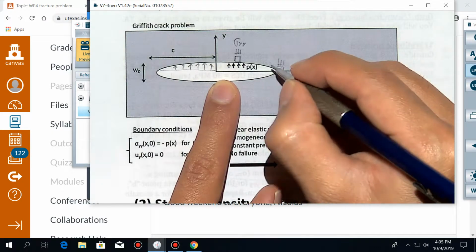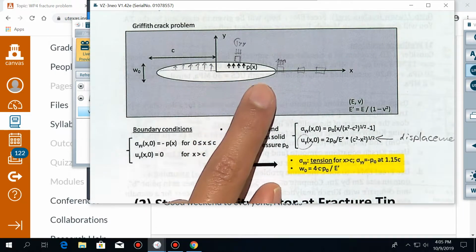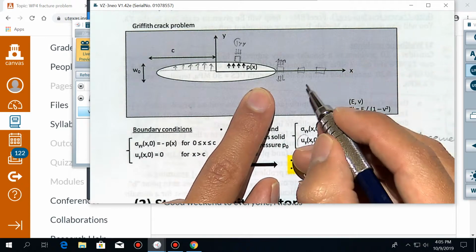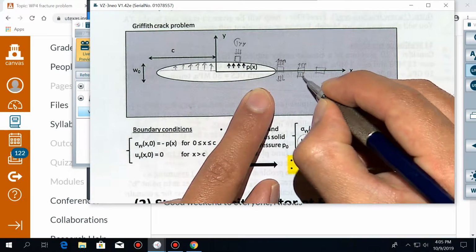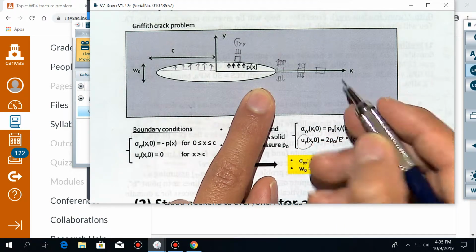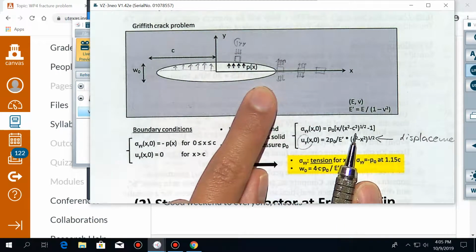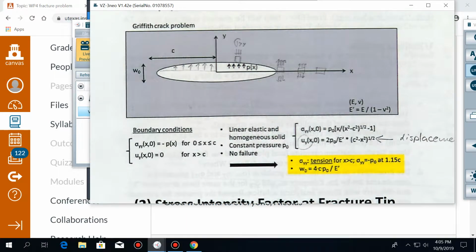And for this particular case, this is going to be a tension and is going to fade off with distance as you get further and further away. That equation is this one. And you can compare it also with your solution. So those are the 2 things that I want.